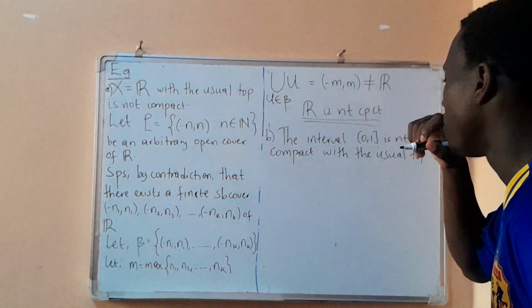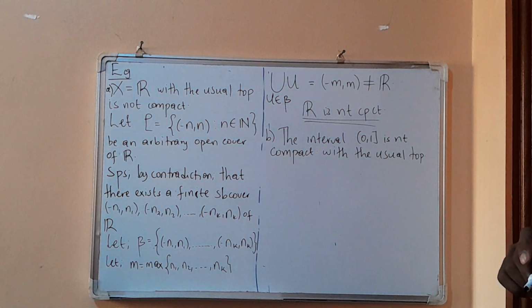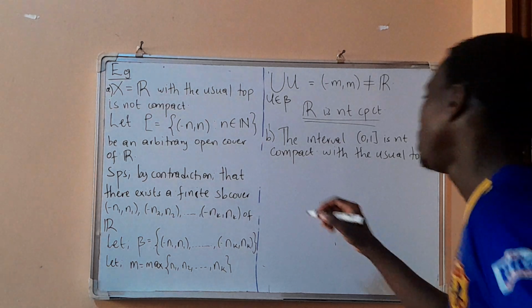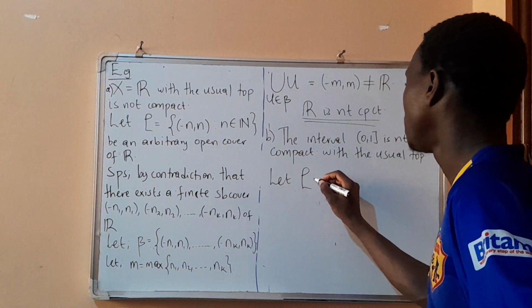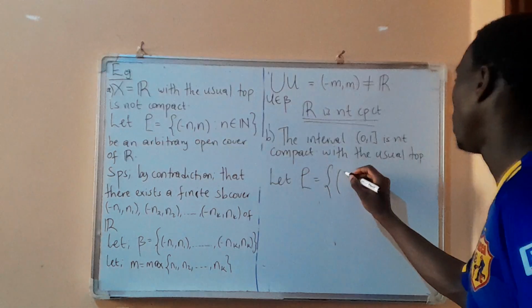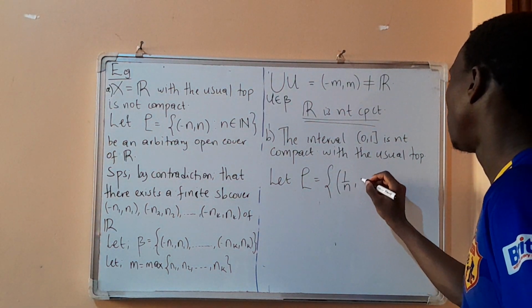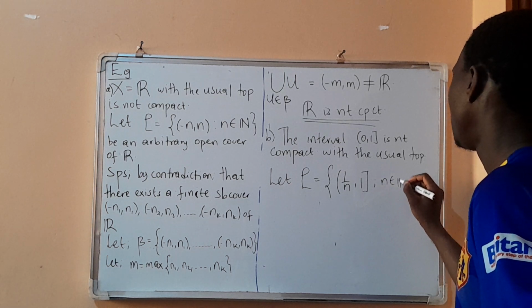So we have to construct an open cover and show that it has no finite subcover. So we are going to let the collection of intervals 1 over n, 1, where n is a natural number.